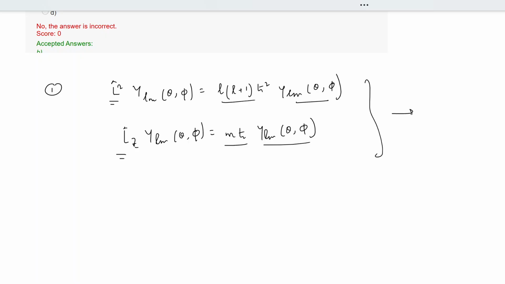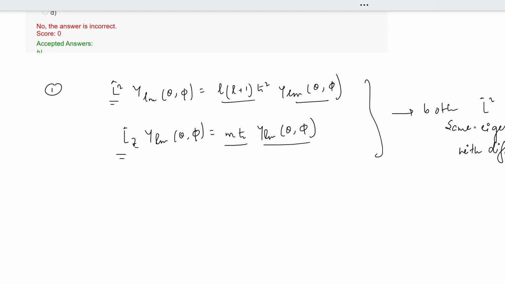So naturally you can see that both L squared and LZ can have the same eigenfunction with different eigenvalues, right?